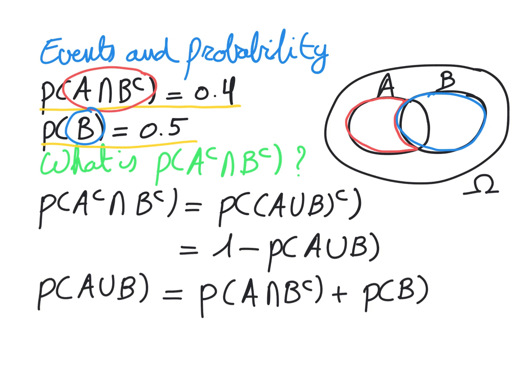Usually there is in the sum rule, but here these two events, the red event and event B, do not have an intersection. Okay, so we find that the probability of A union B is 0.9, so 0.4 plus 0.5.